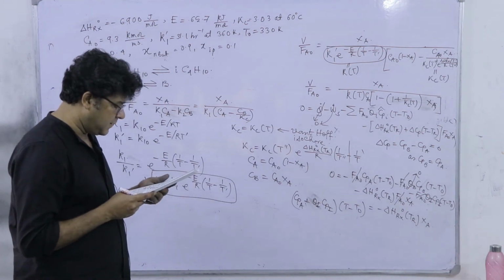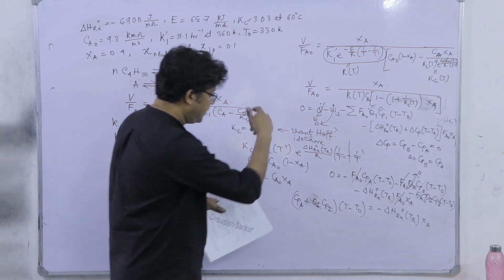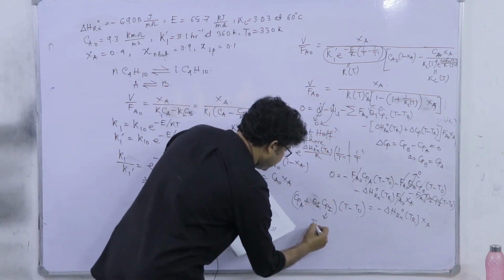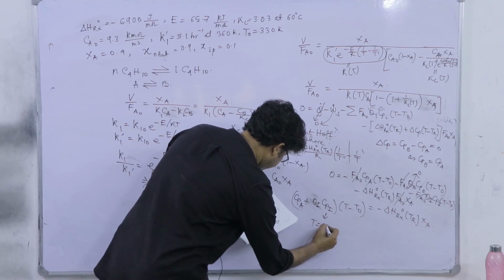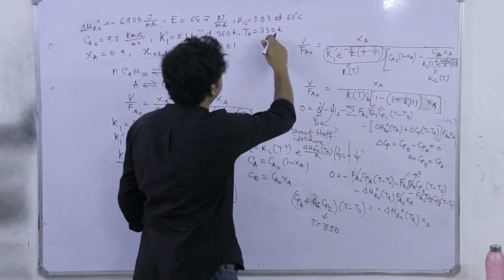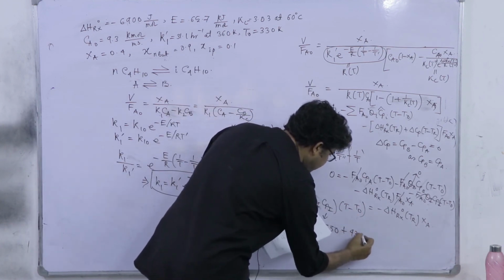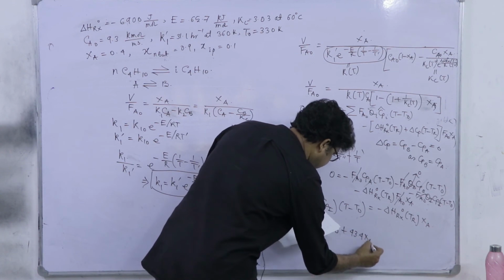So from the given values, this T can be expressed as a function of Xa, and if we substitute the values, we will get T equal to 330, which is basically the inlet temperature, plus a coefficient that reduces to 43.4 into Xa.